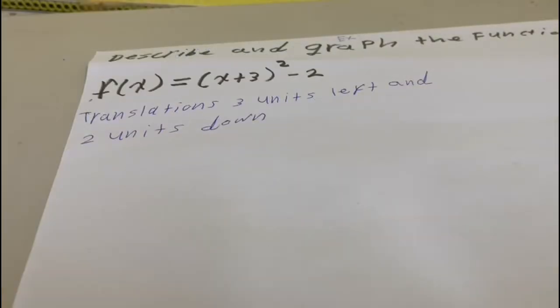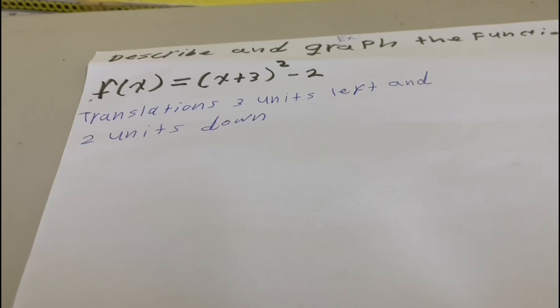Now here f of x equals (x plus 3) squared minus 2. The 3 is the h, and h is always the translation left or right, and k is the translation up or down. If h is negative, the translation is right.